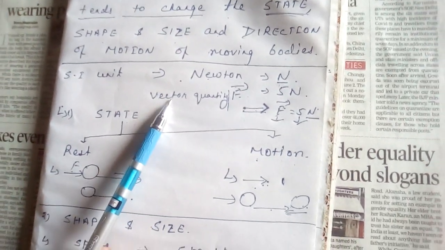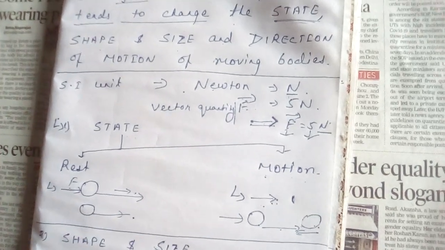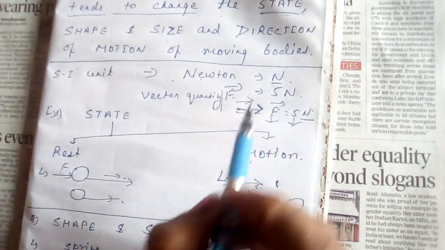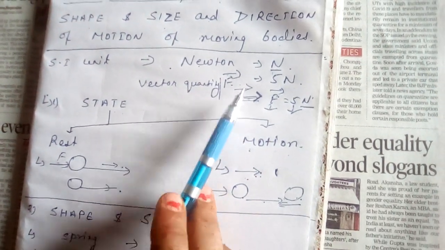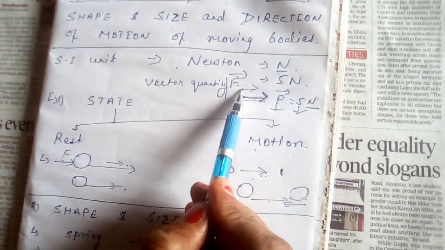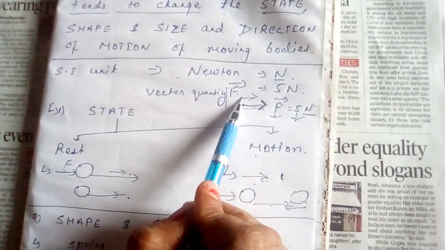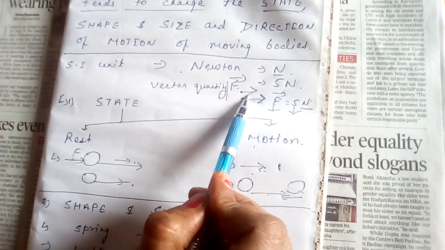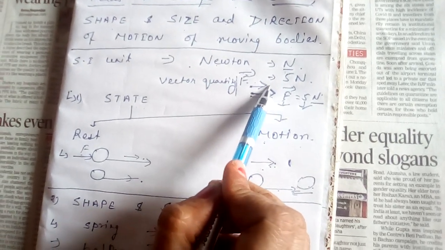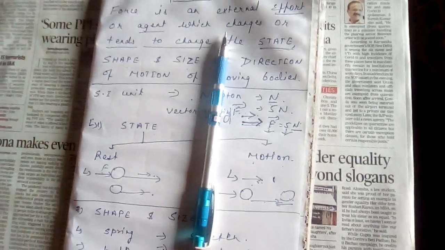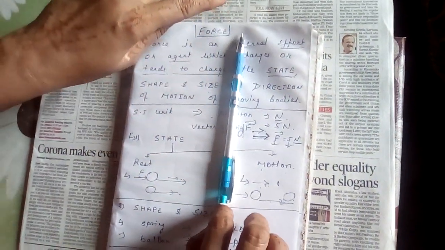So force is a vector quantity. A vector quantity is written with just an arrow mark on its head. This shows the point from where it is starting, the point of application of force, and the arrow shows the direction of the force. So you see here, if I am applying force in this direction, the body also moves in the forward direction.